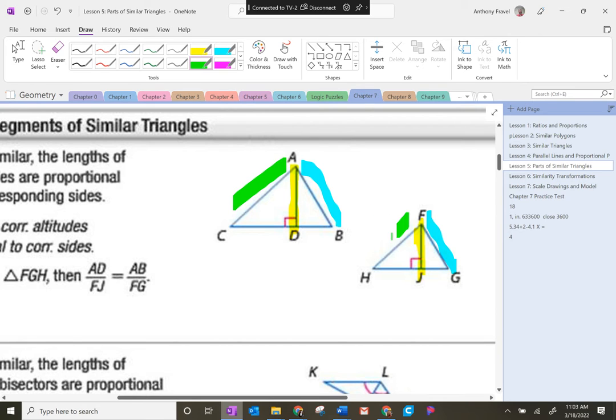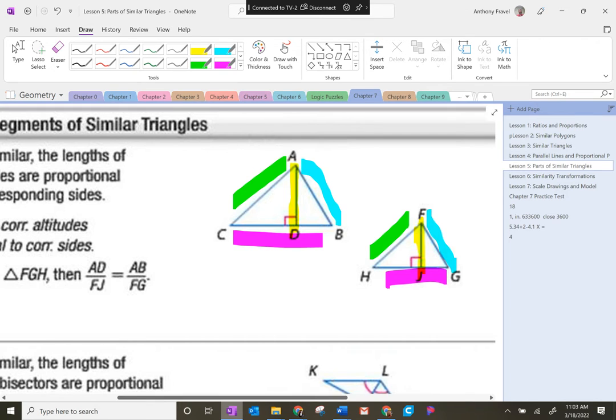These bottom sides are still going to be able to be used. But if we have 90 degrees to the vertex, so from the bottom side to the vertex opposite of it, I can use that to find proportions. Good on that one.